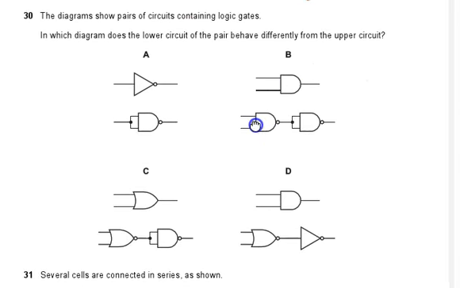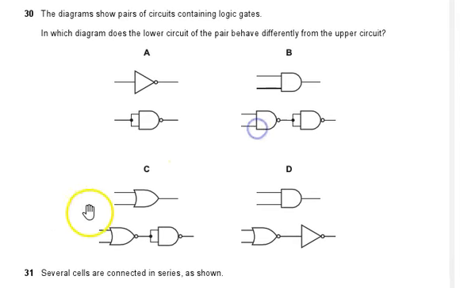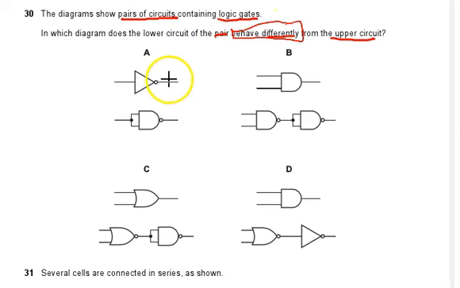Number 30, the diagram shows pairs of circuits containing logic gates. In which diagram does the lower circuit of the pair behave differently from the upper circuit? Behave differently means they are giving an opposite output.